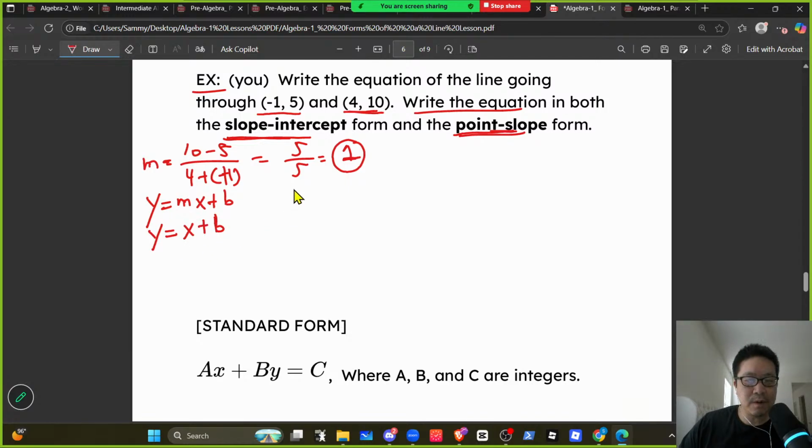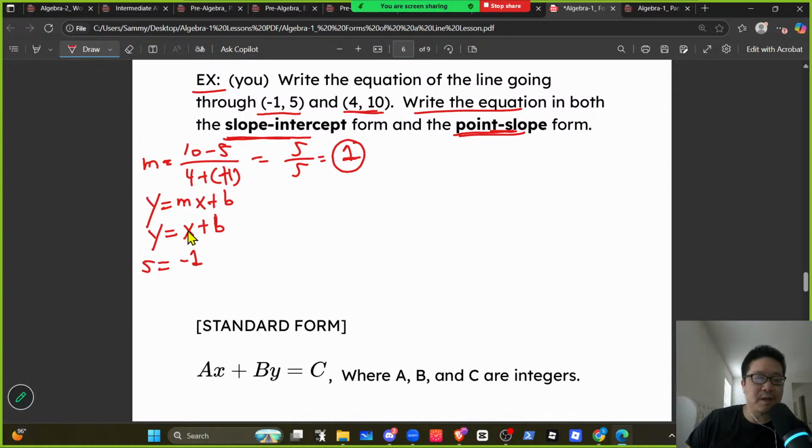And I know that I have these points. So what I could do is plug in -1, 5, or 4 and 10 and solve for b that way. I'm going to use one of these points. I have -1 and 5. So y would be 5 if I did that, and then x would be -1.